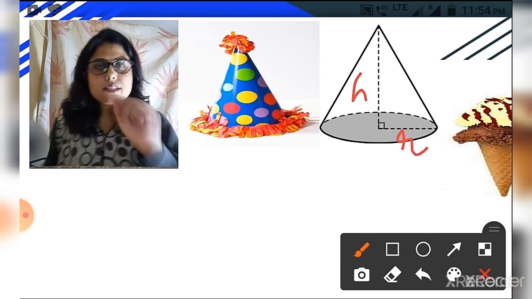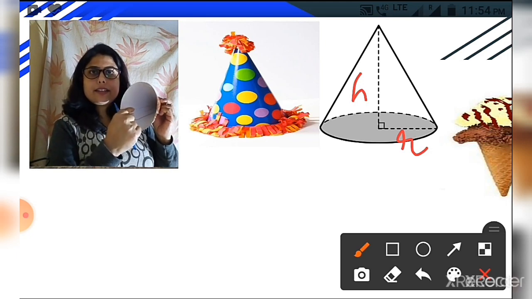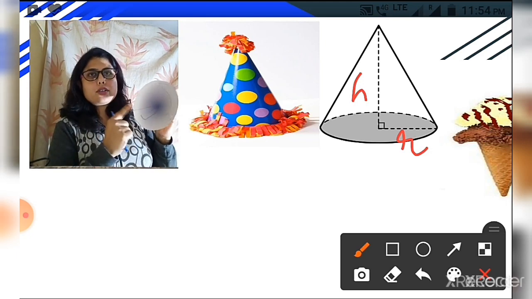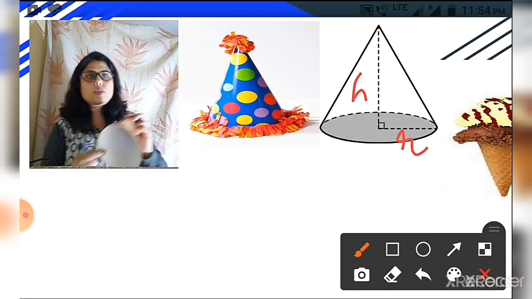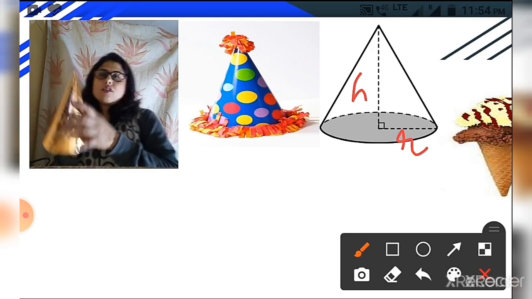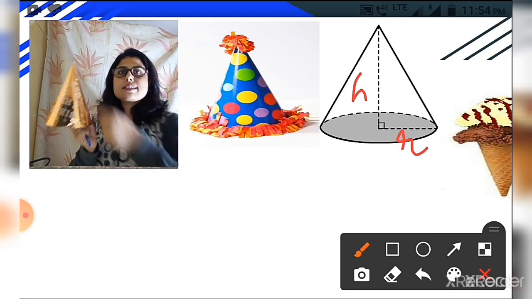This is a circle, and a circle always has a center. From the center to this corner is called the radius, you know all. And this slant is actually called the slant height.